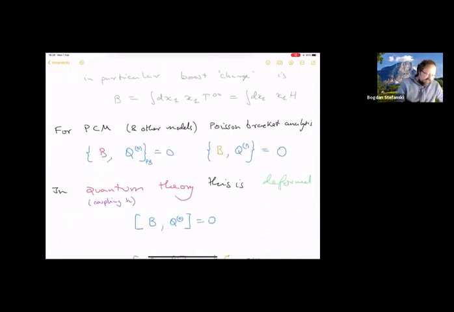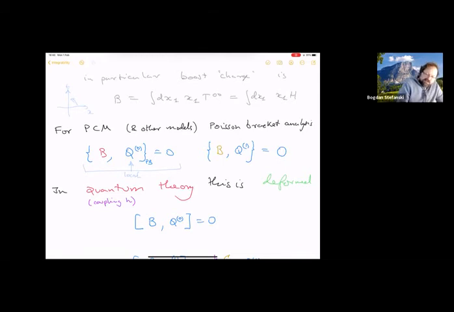So one thing classically that's kind of straightforward that you really expect is that the local charges just Poisson commute with the boost. So remember, if we're living in 1+1 dimensions, there's this really nice picture where the boost is just a rotation in the xt plane. So the local charges just Poisson commute, great, with the boost.